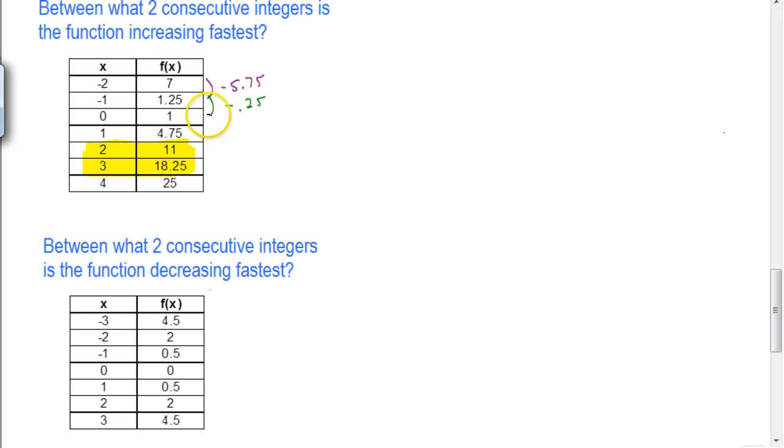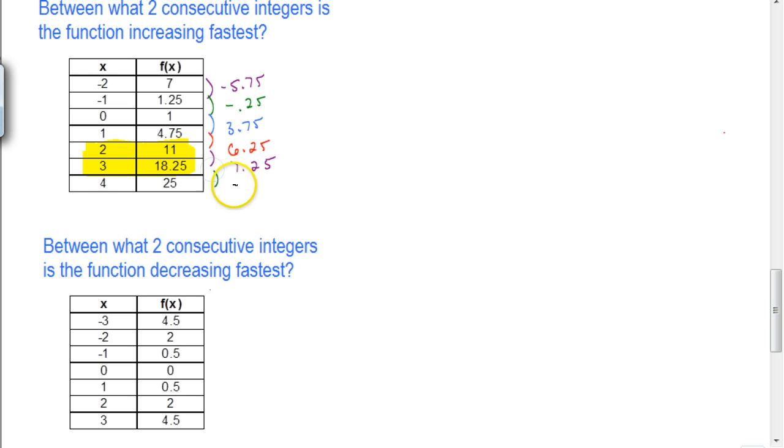Between the next set, you'd end up getting a positive 3.75. And between the next set, you end up getting a positive 6.25. And then between these two, you got a difference of 7.25.